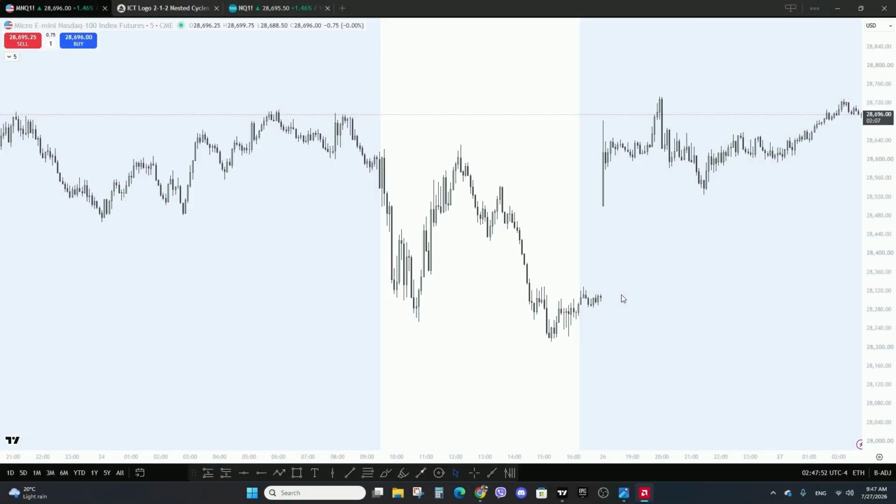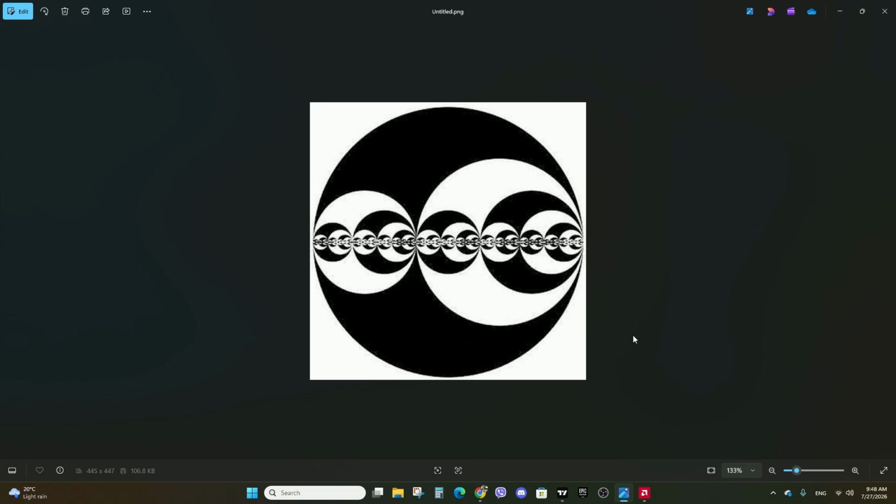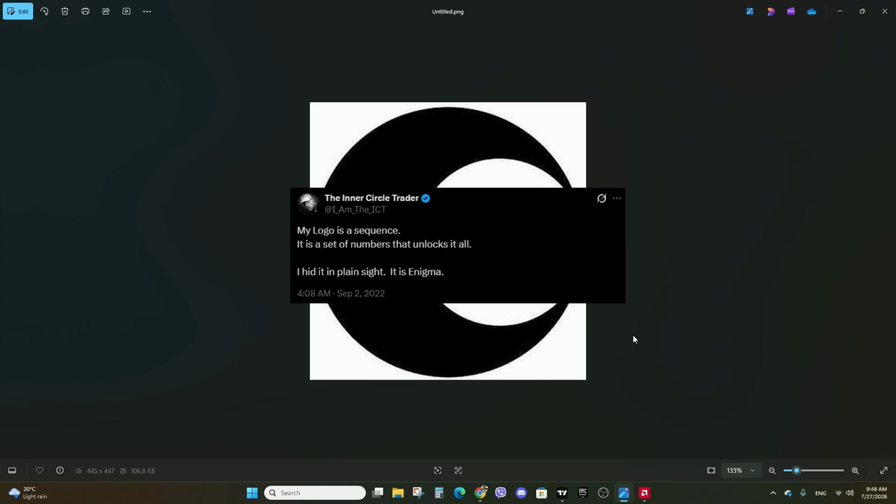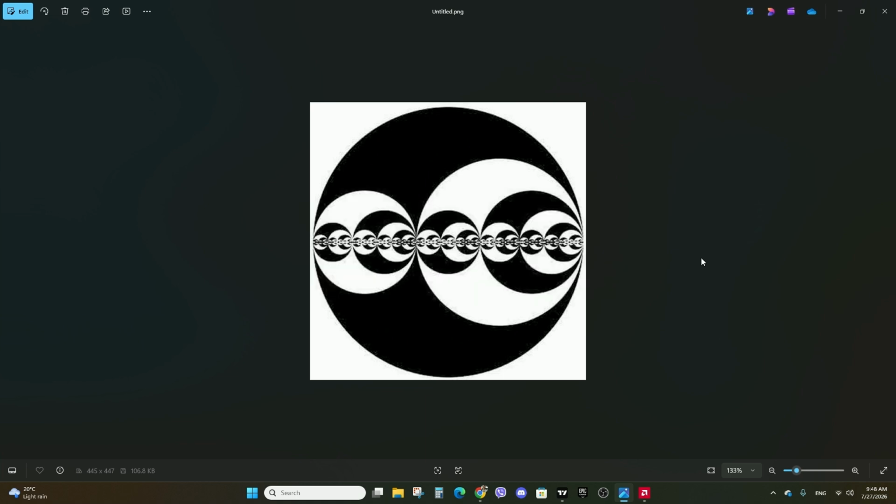First of all, how did I get the idea of this time-based concept? Well, if you remember, a few years ago in 2023, if I'm not mistaken, Michael posted a tweet where he said that his logo is actually a sequence and it reveals how the algorithm operates.